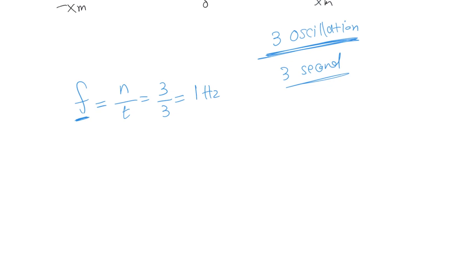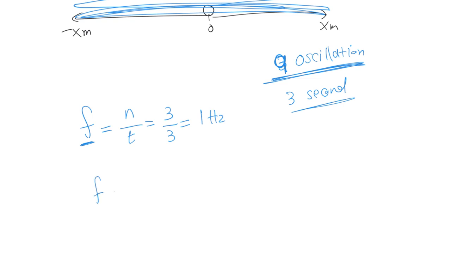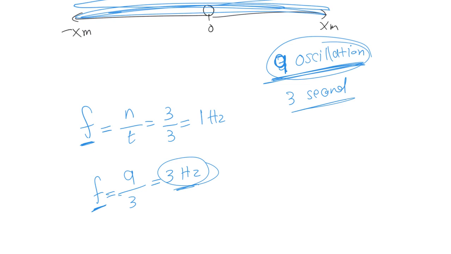Another example, if the oscillations are not 3 but 9, how will we calculate the frequency? We divide the whole number of oscillations, which is 9 over 3. This will give us 3 hertz. So what does that mean? That means in 1 second the particle does 3 oscillations, and 9 oscillations in 3 seconds.